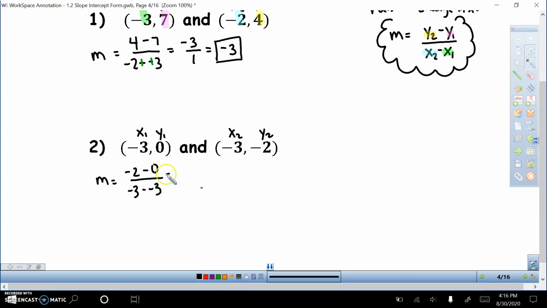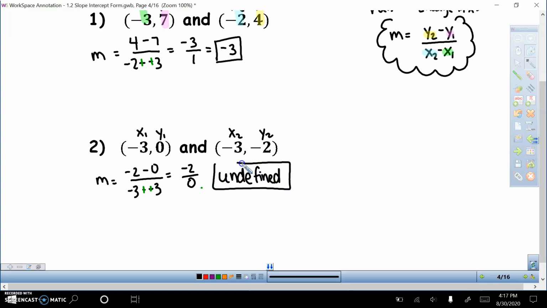Simplify the numerator. -2 minus 0 is -2. And then negative 3 minus negative 3 becomes negative 3 plus 3, or 0. Whenever 0 is in the denominator, we can't do it. So our slope here is actually undefined.